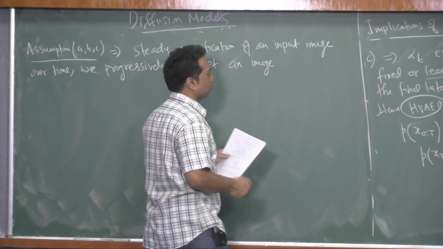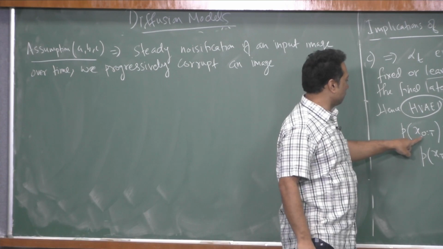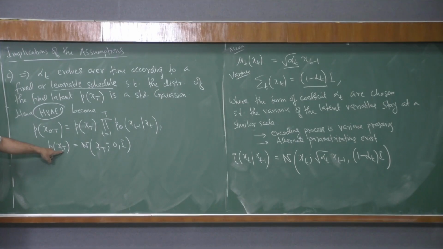Remember, we start from x0 and end up at xt. A real image is transformed via those linear Gaussian transforms such that the final image becomes a completely noisy image with a standard normal distribution.